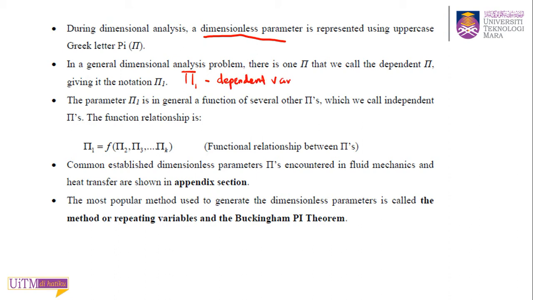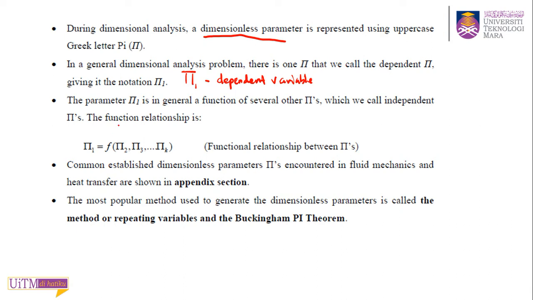It means this pi depends on something. We will see this clearly after this. And the parameter pi 1 is in general a function of several other pi. That's why it is called dependent. It is dependent on something, which we will call independent pi.